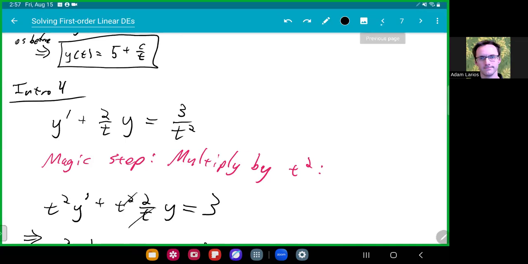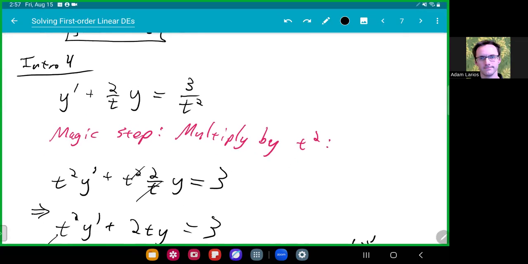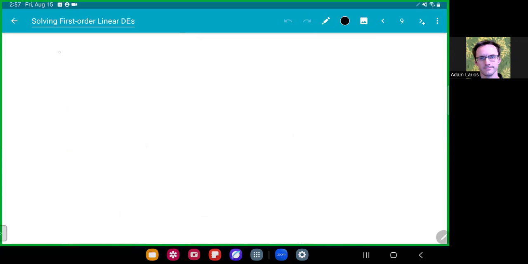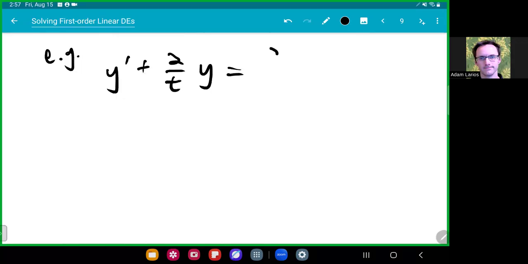So first of all, let's see that we did use it a minute ago. So this magic step, here we had y prime plus 2 over t y equals 3 over t squared. So let's look at that again. Y prime plus 2 over t y is equal to 3 over t squared. And then we'll choose the integrating factor.